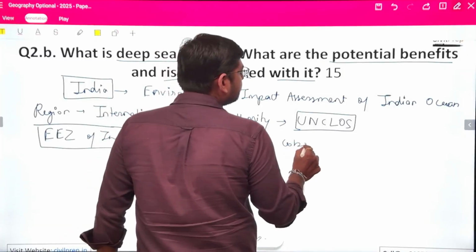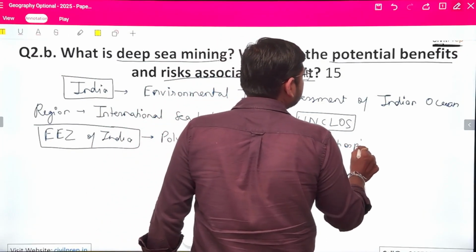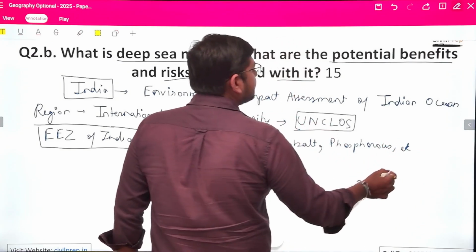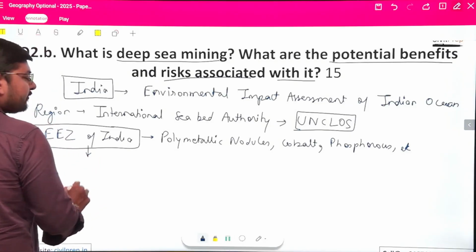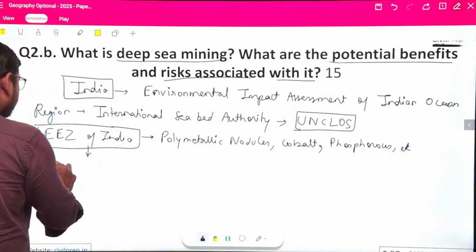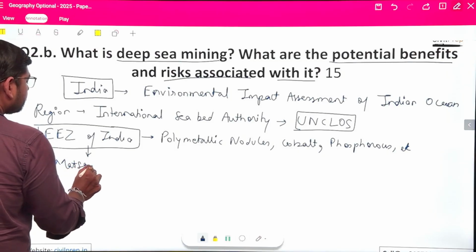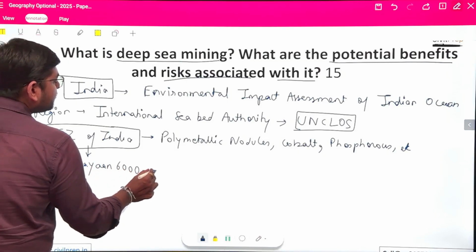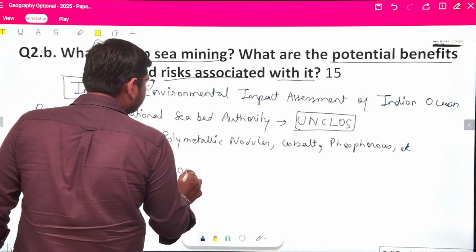cobalt, phosphorus, etc., and other resources. India has also developed the Matsya 6000, which was able to go to a depth of 6000 meters.